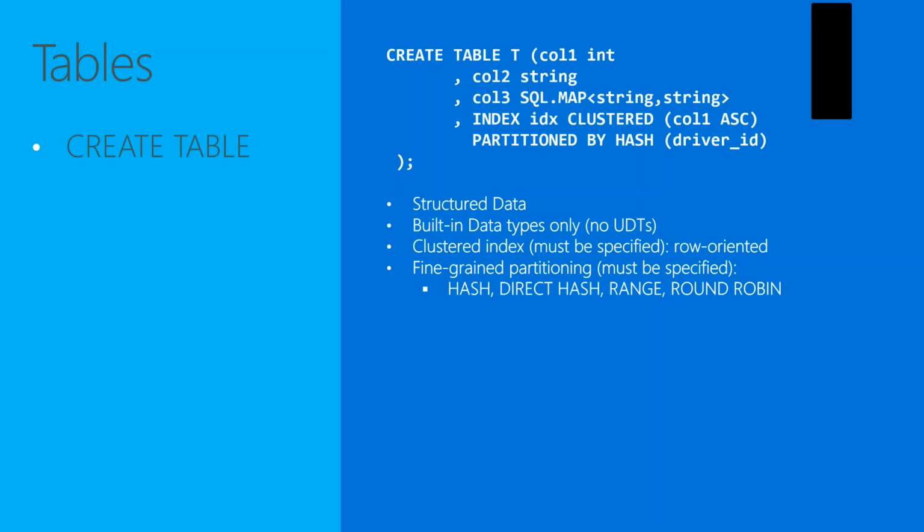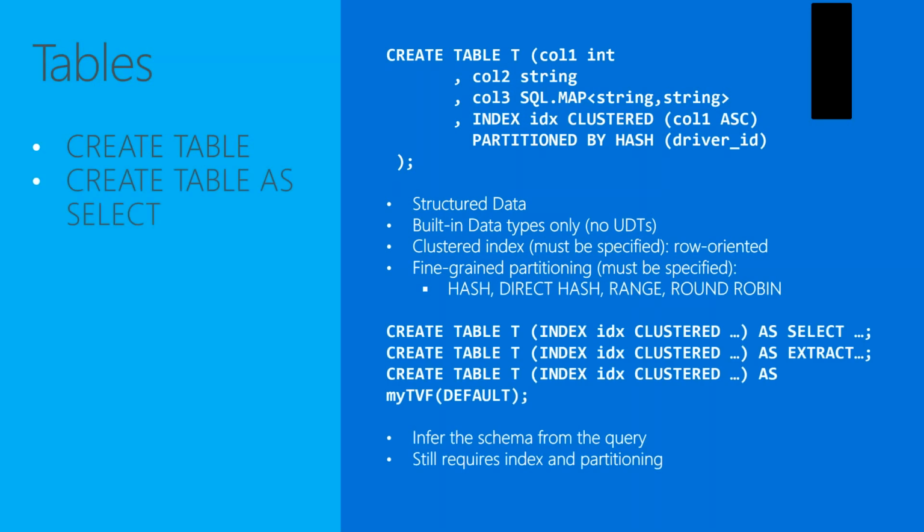The fine-grained partitioning schemes are a few different ones. Hash partitioning, the ability to identify a direct hash bucket, the ability to do partitioning by range, or if you might have highly skewed data and you want to avoid data skew during processing and have a consistent distribution of data, and you don't necessarily care about the proximity of data, you also have the ability to do round-robin partitioning.